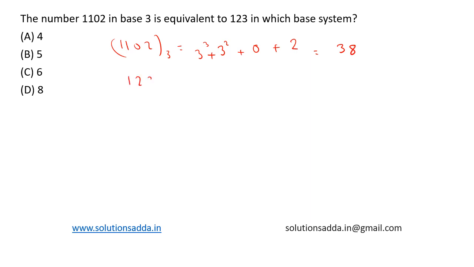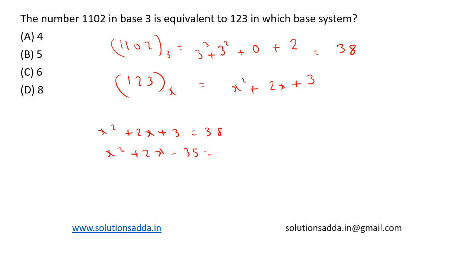Now 123. Let's assume the base as x, and converting it into decimal, we will get 3 plus 2x plus x square. So x square plus 2x plus 3 is equal to 38. We have x square plus 2x minus 35 equal to 0.